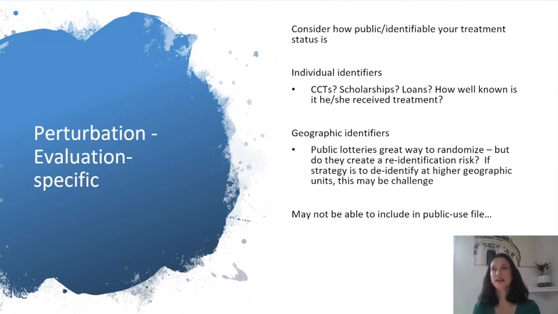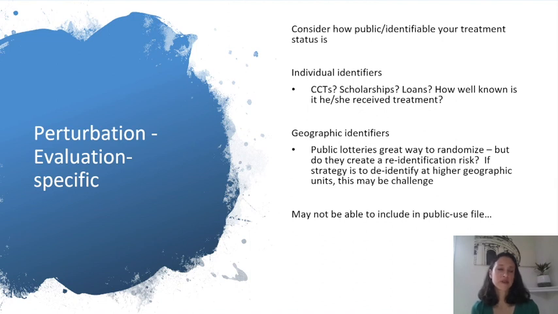In the example I just cited, we ultimately landed with a public use file that disseminated a de-identified version of this massive household survey over multiple rounds, but we didn't include the treatment status in the public use file.